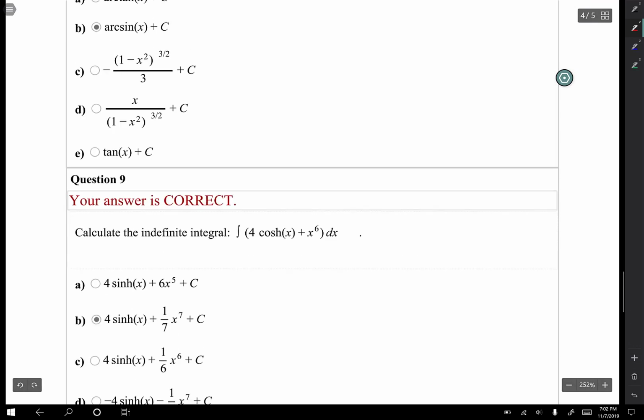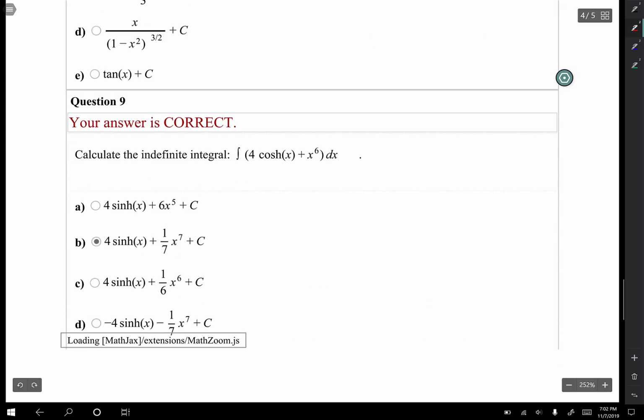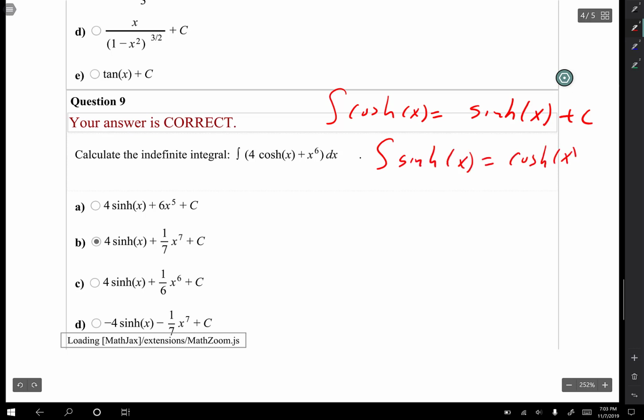Okay, we haven't talked about hyperbolic functions. The integral of cosine hyperbolic of x is just going to be sine hyperbolic of x. So h should be going after the n, guys. Sorry. Sinh of x plus c. And the integral or antiderivative of sine hyperbolic of x is equal to cosine hyperbolic of x plus c.